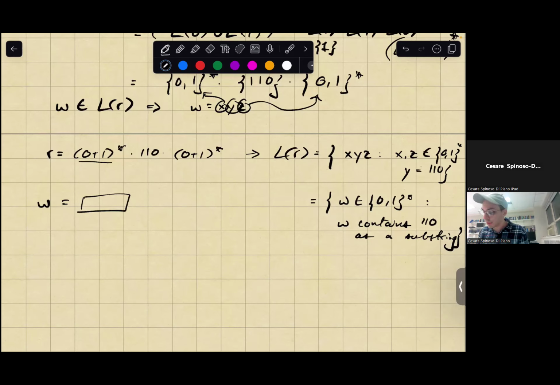That's what this regular expression is saying. So this is any sequence of 0s or 1s.